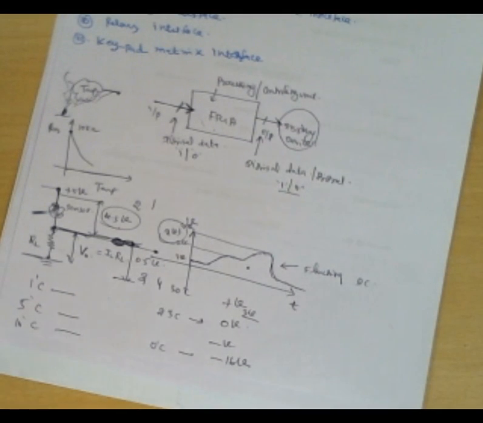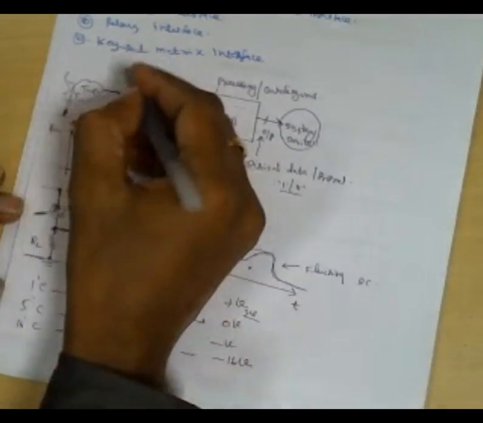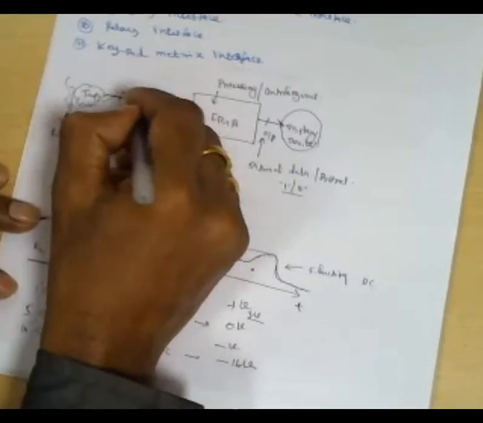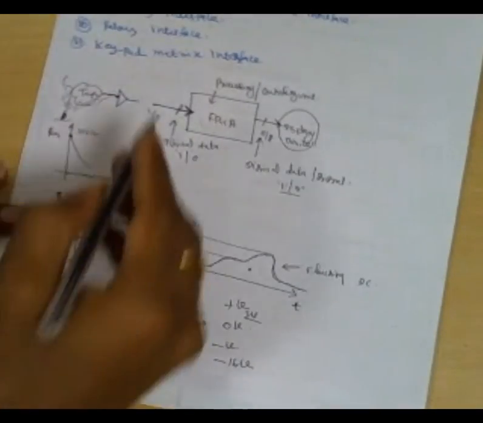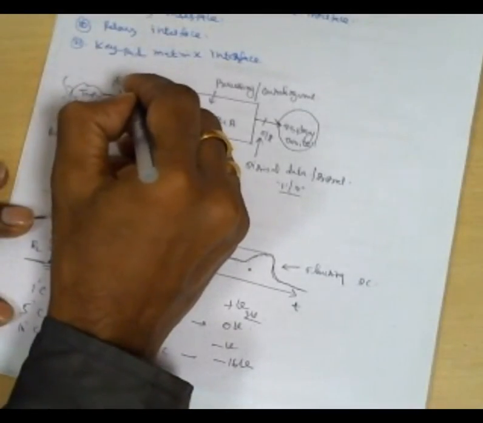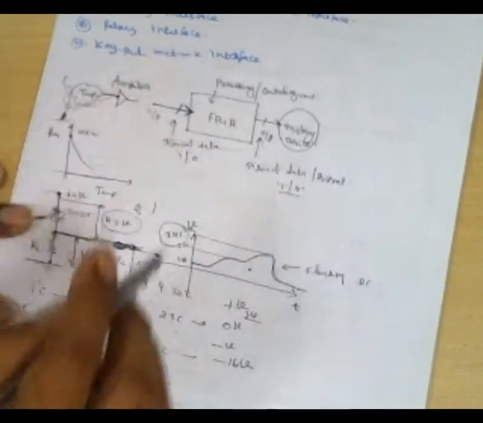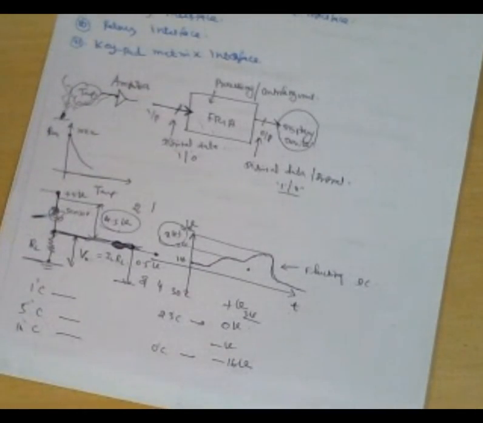Now you need to sometimes amplify it, because if it is a very weak signal, we need to amplify it. So put one amplifier. But this is not always required; it depends on the sensing ability of your sensor.